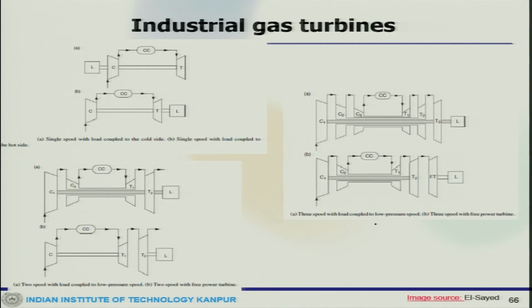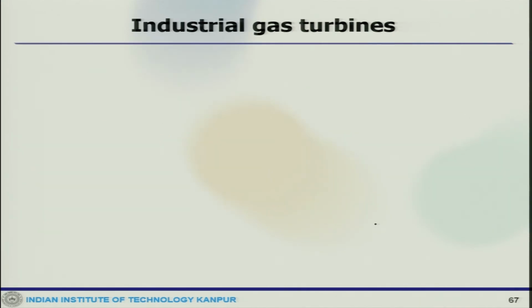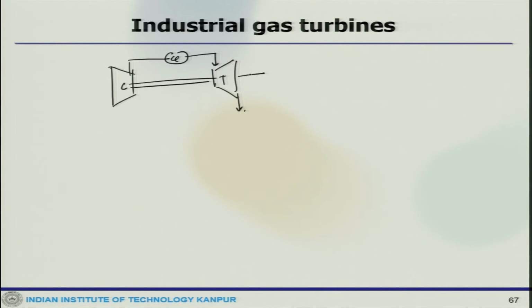Now, for a single shaft unit, this is the compressor, connected with the turbine, then here is the combustion chamber, and this is the load.